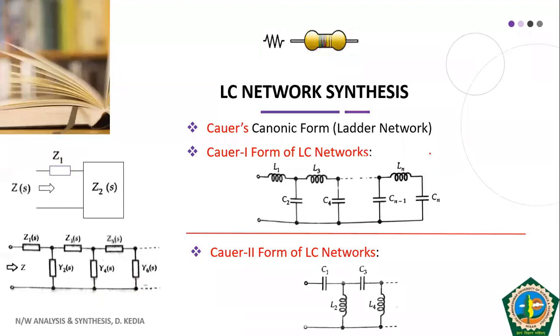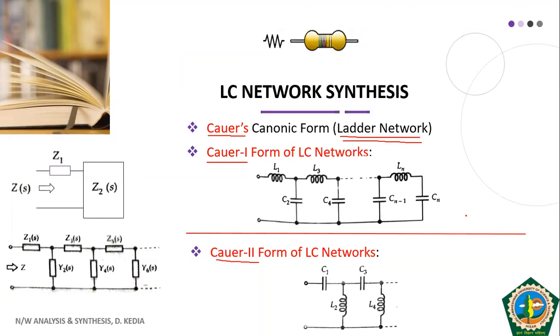Okay. So as I told you, we have two forms of Cauer, that is Cauer 1 form and Cauer 2 form. So students, one thing you should understand here, that Cauer forms give us ladder networks. The LC networks that we will be synthesizing here will be of the form ladder. Okay.